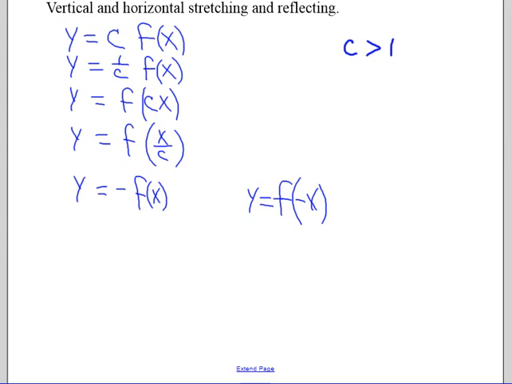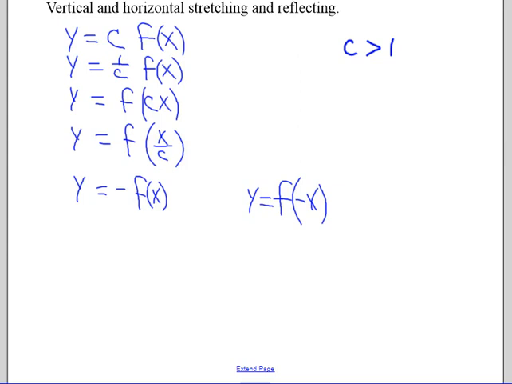Again, assume c is not only positive, but bigger than 1. What's this guy going to do to it? Like it's a parabola, it's going to make it taller, narrower. Pick the other one.